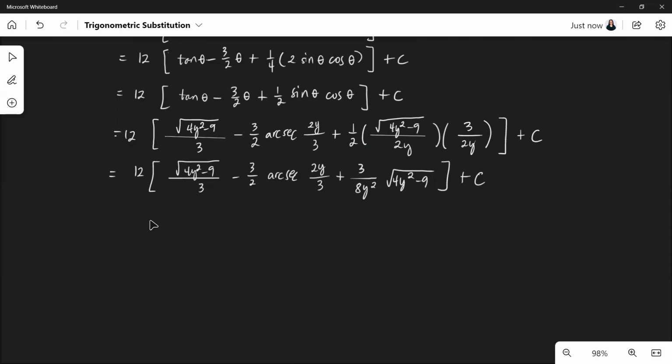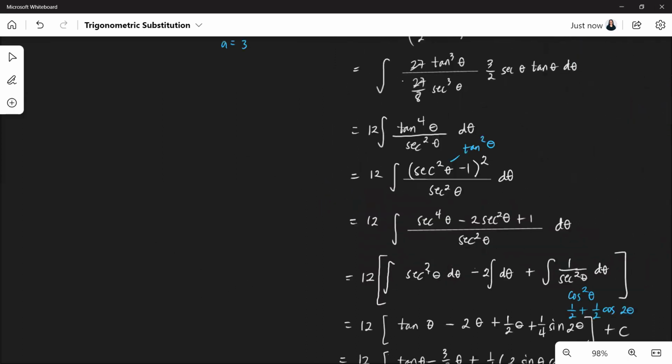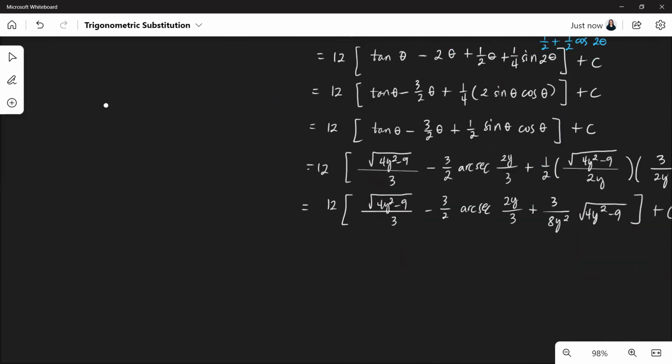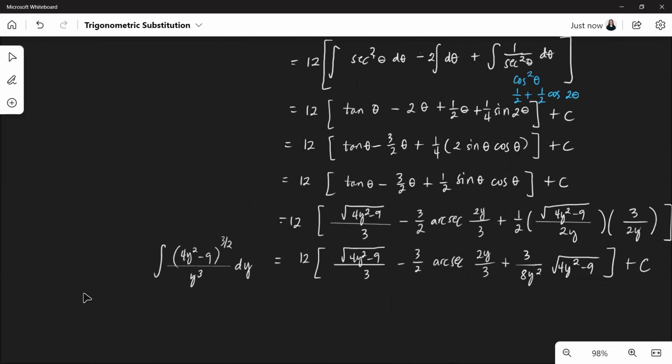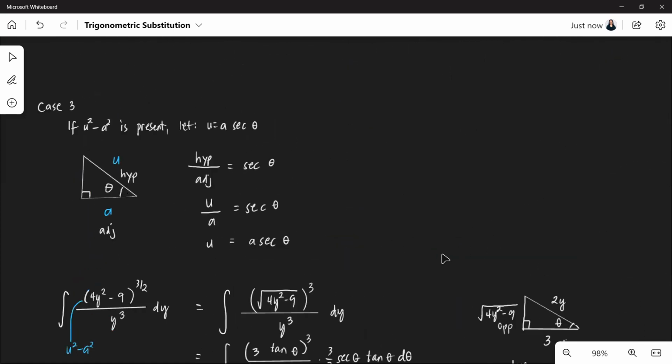Or you can just have it written this way, factoring out 1/12 because it's a common factor. So this is the final answer. This is the integral of 4y squared minus 9 quantity raised to the power of 3 halves all over y cubed, dy. So this is for case number 3 of trigonometric substitution.